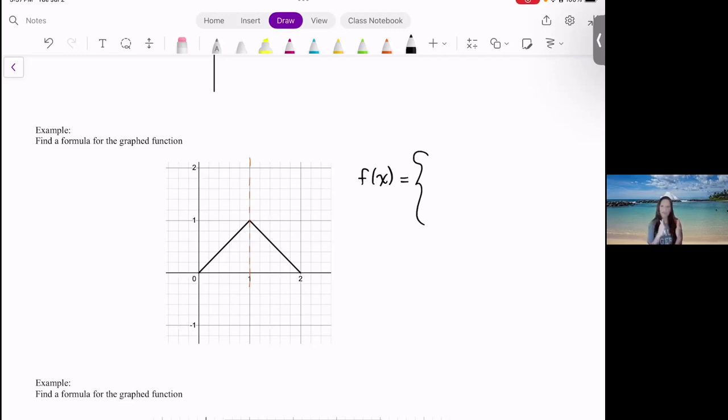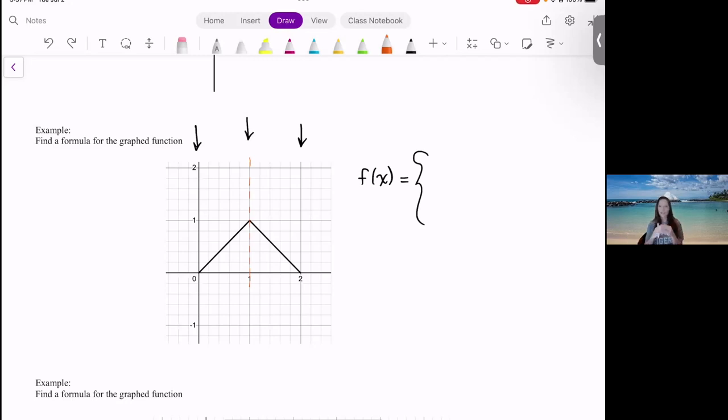And the first half is going to be my first domain. The second half is going to be my second domain. I am including the values at each of these breaks. If they were not included, you would see an open circle at any point along the line. That open circle would mean I could not use a less than or equal to, greater than or equal to value.